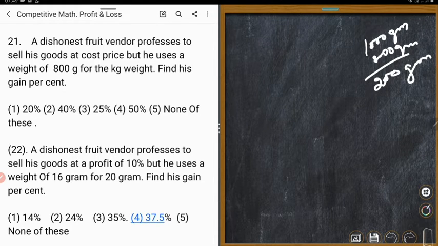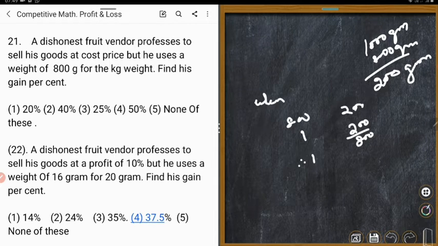His gain is 200 grams at 800. When the weight is 800, profit is 200 gram, right? When the weight is 1 gram, the profit is 200 upon 800.